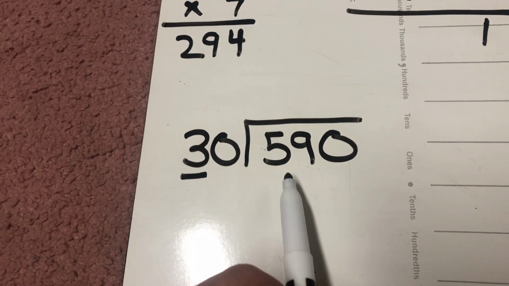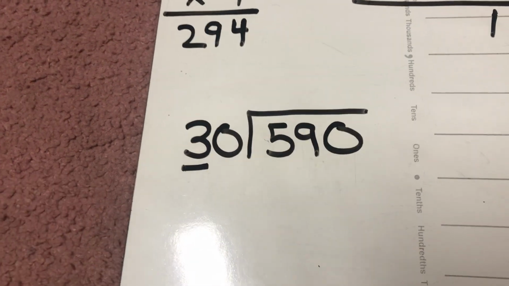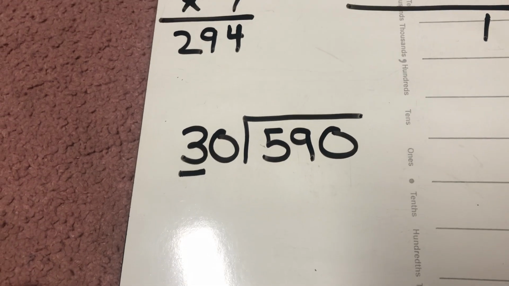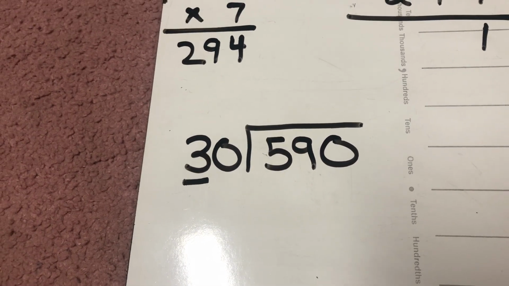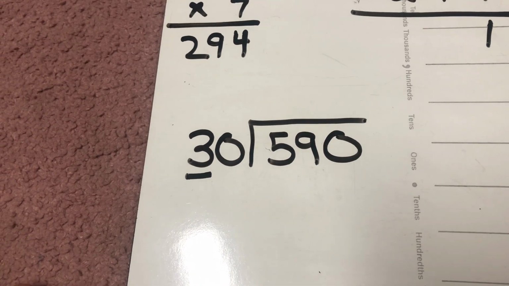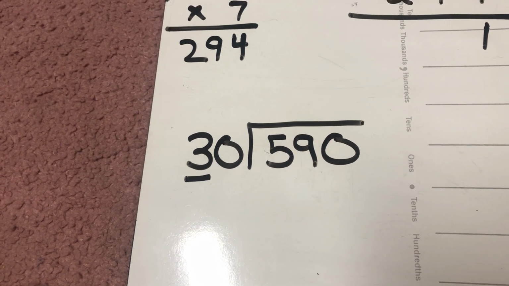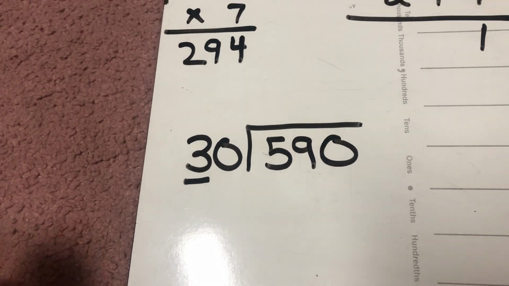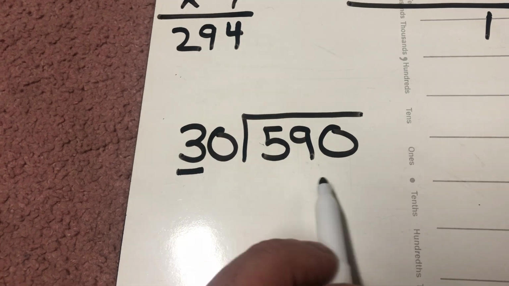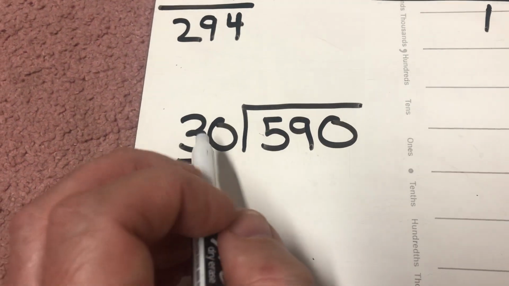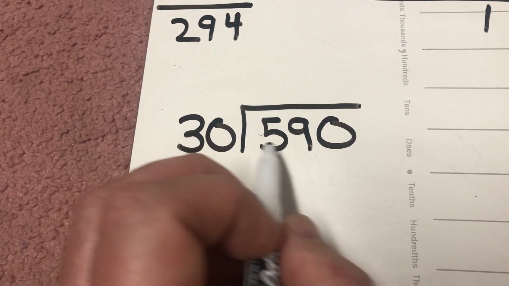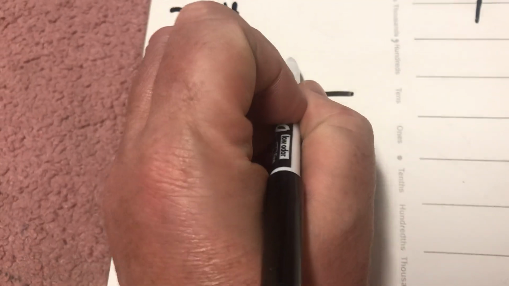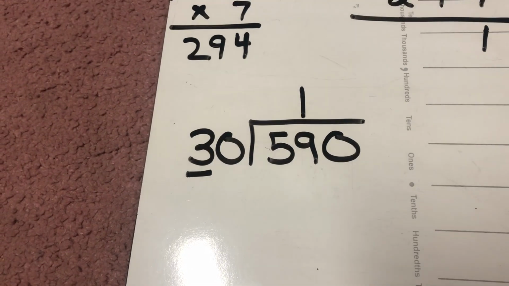Well, I know that 3 can go into 5 once, and if I think of 30 times 1, that gives me 30. And since I'm using my zeros trick, I can go 30 times 2, and that gives me 60. Well, that's too big for 59. 60 is bigger than 59. So I can proceed with a good level of confidence that 30 can go into 59 one time.